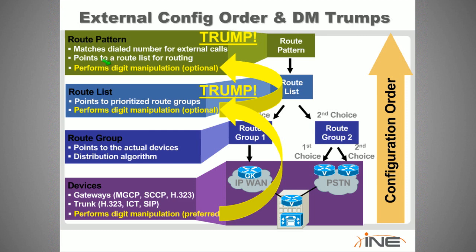More on that in a minute. I would actually perform the digit manipulation there on the route pattern page. Route list details was the same thing. I would perform the digit manipulation for called or calling there on the route list details web page. On the gateways, I do not perform it there on the page.